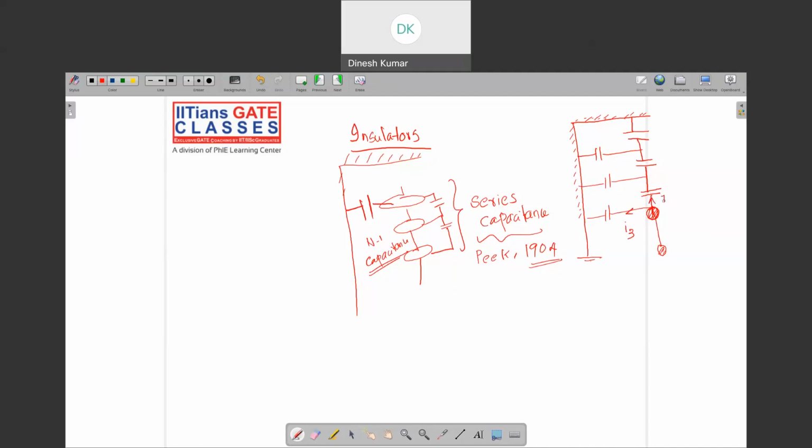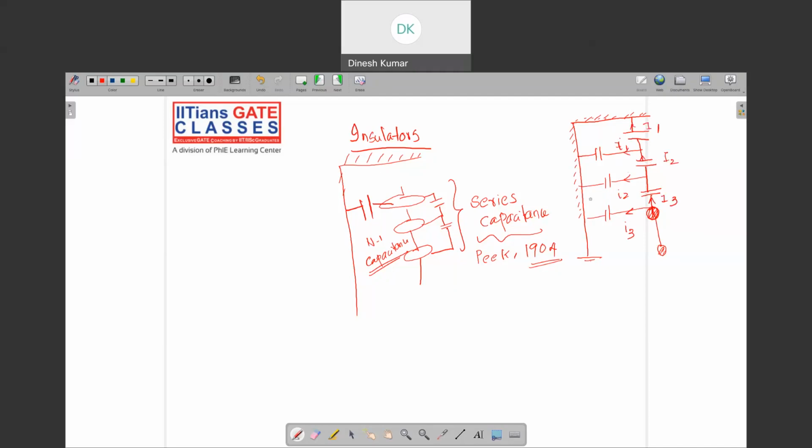This current is again split into I2, and this is also I2. So I2 splits into small I1 and this one, capital I1.